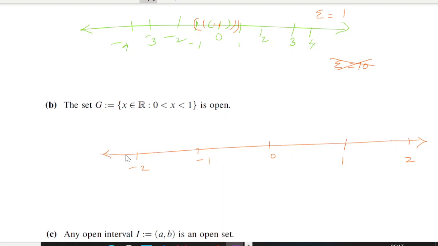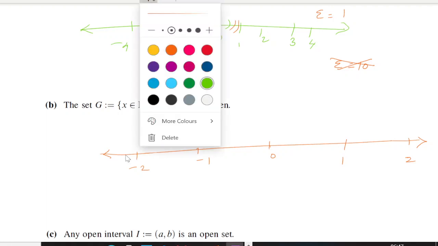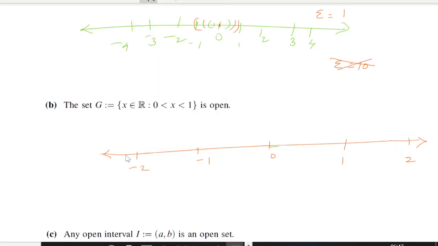From here, you take from 0 to 1. So this is my set. Here 0 is not there, 1 is also not there, right? Now if you take any point inside this, can you find an epsilon neighborhood that is completely contained inside the set?